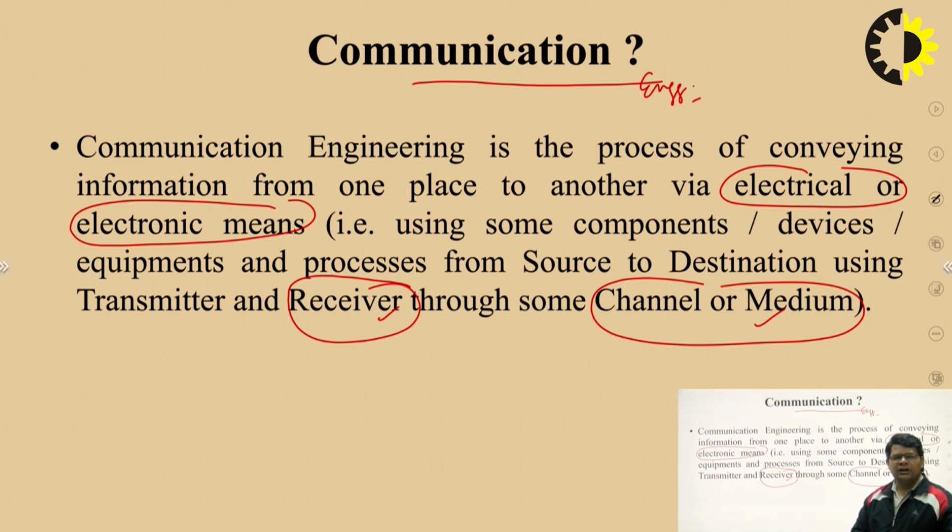For example, a filter is required to remove the noise, and we may also require an equalizer to remove the distortion. So communication engineering is the process of conveying information from one place to another place via electrical or electronic means. That is, we have to use devices, equipment and processes for carrying the information, using the transmitter, receiver and channel.